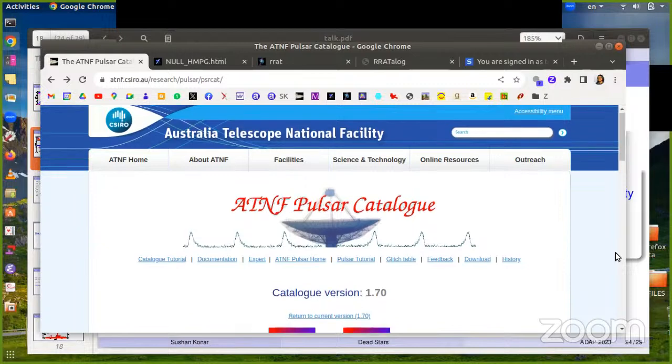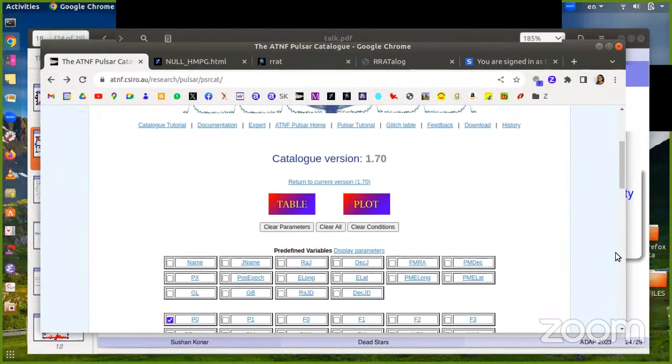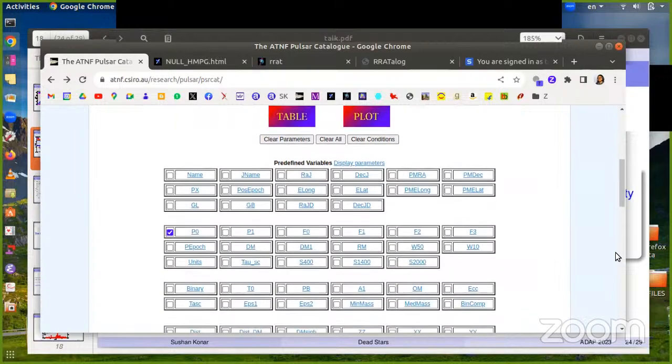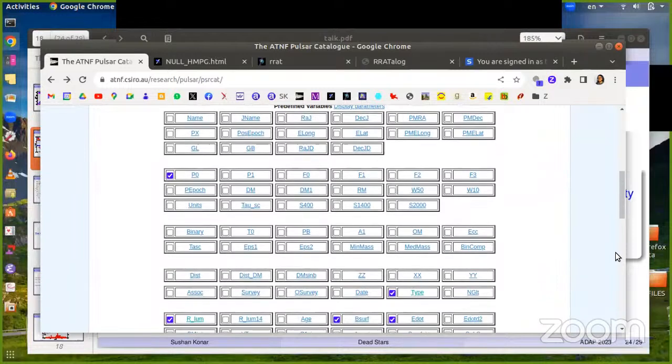So this is the ATNF catalog, and anybody who wants to do any kind of pulsar work needs to do this. You will get all kinds of data from this. Not that every object would have a value for every parameter.